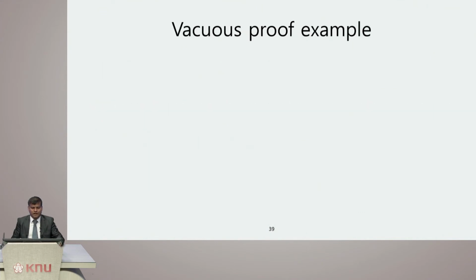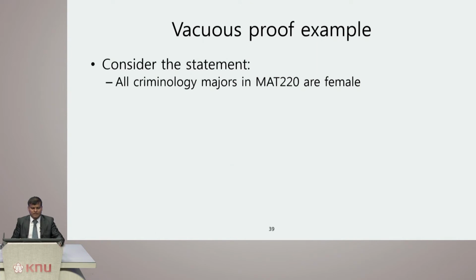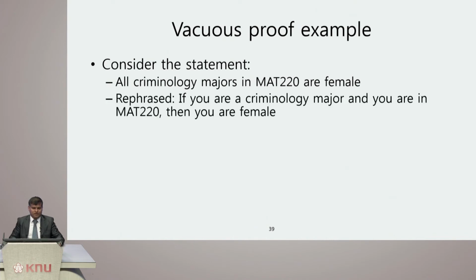Let us see with examples. We will consider: all criminology majors in Math 220 are female. Let us rephrase it: if you are a criminology major and you are in the Math 220 class, then you are female. Could you also use quantifiers?